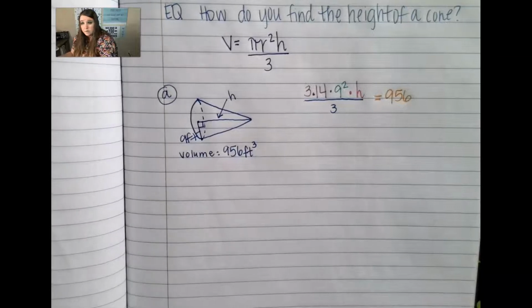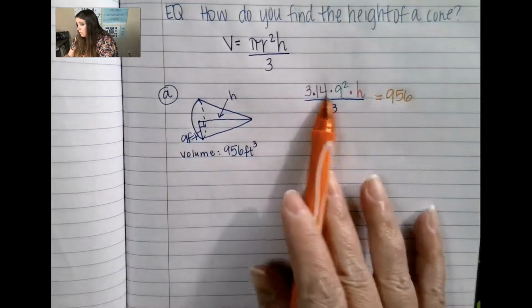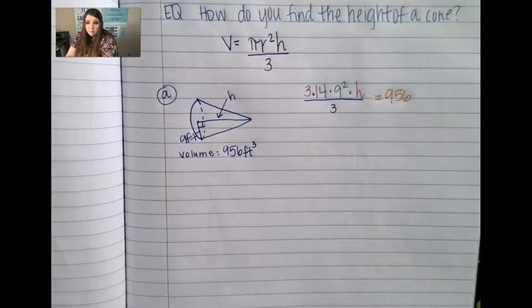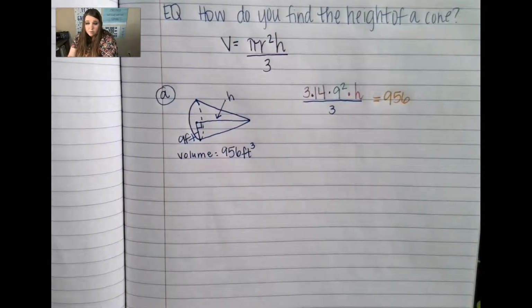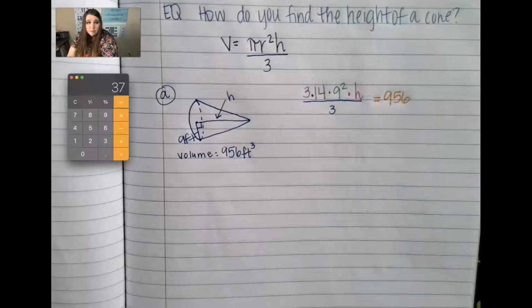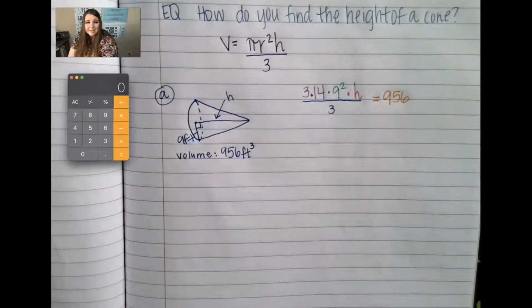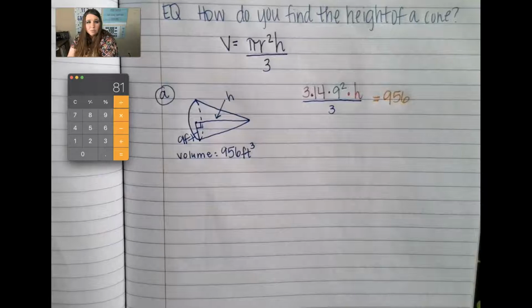Okay, so now we're ready to start solving. Let's solve what we can on the top with multiplication, because multiplication comes before division in this problem with order of operations. We know that 9 squared is the same as 9 times 9, which is 81.